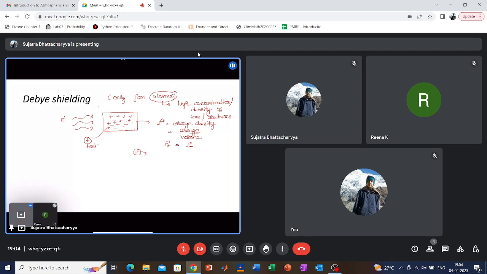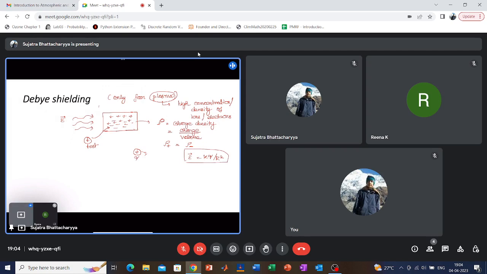And this electric field we have always written as kq by r square, if this charge is q. Okay, so this is how we write the electric field for the Coulombic force of attraction.